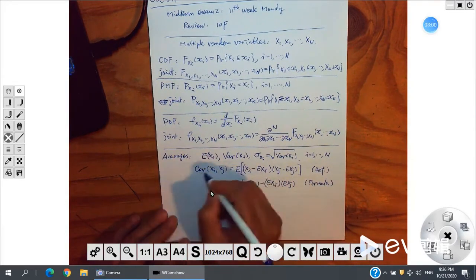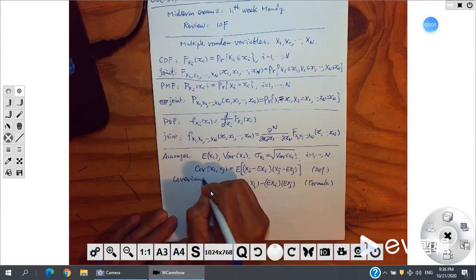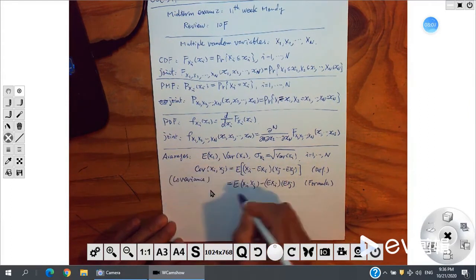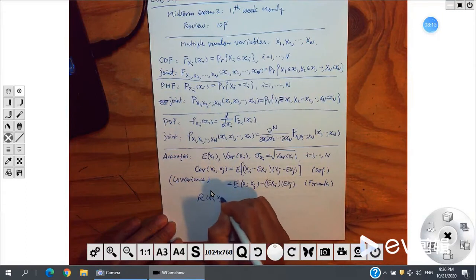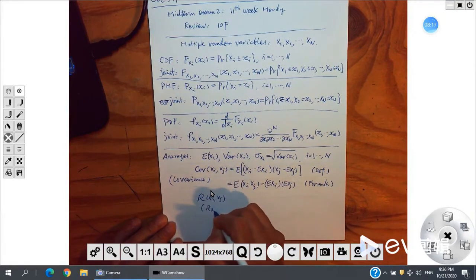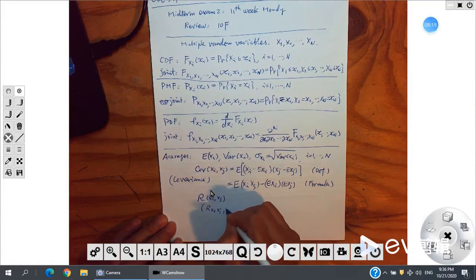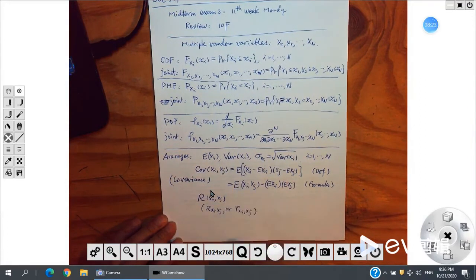Let me write down covariance. And we also have another number, R_xixj, sometimes written as R_xixj or R_xixj.